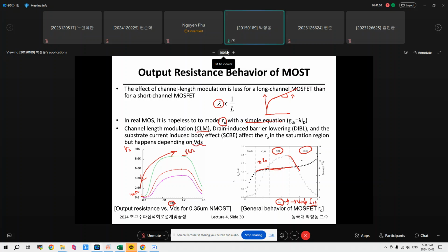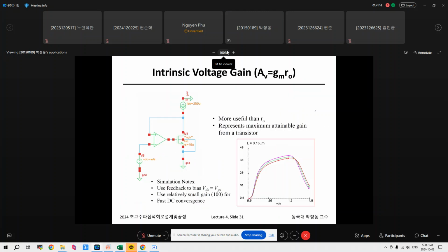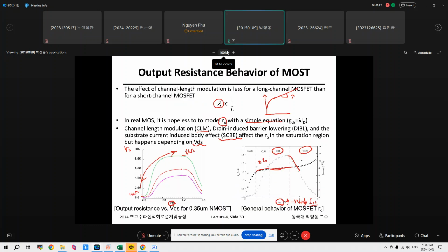In typical operation, we don't operate the MOSFET in this region. So mostly we operate between this and this.